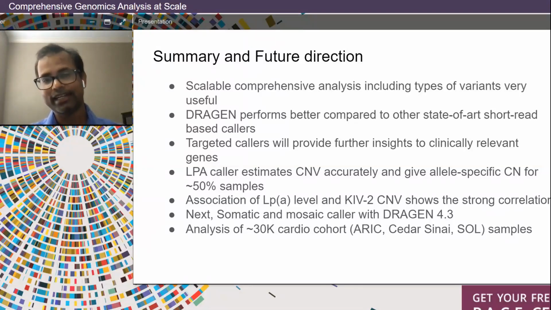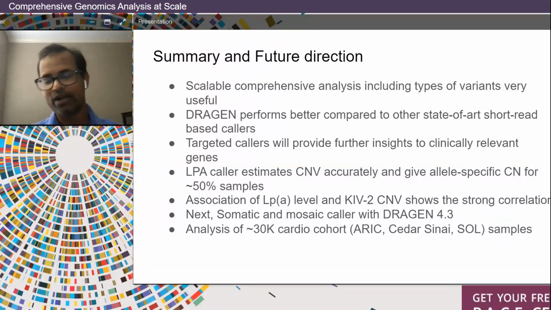And the targeted callers in DRAGEN will provide further insights into some complex clinically relevant genes. And we showed that the LPA caller estimates the CNVs accurately, and also gives the allele-specific copy number for almost 50% of the samples. And the association study we did with the lipoprotein level and the KIV2 copy number also showed a strong correlation between the LPA concentration and the copy numbers.